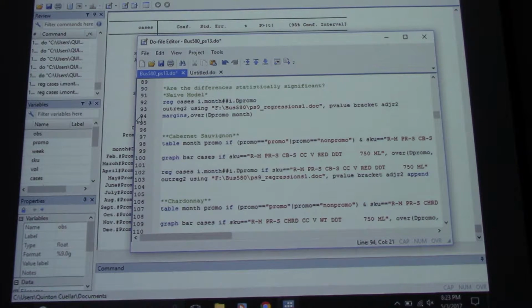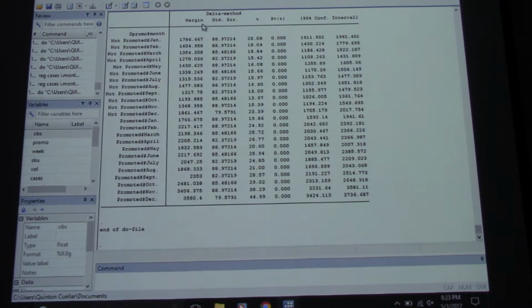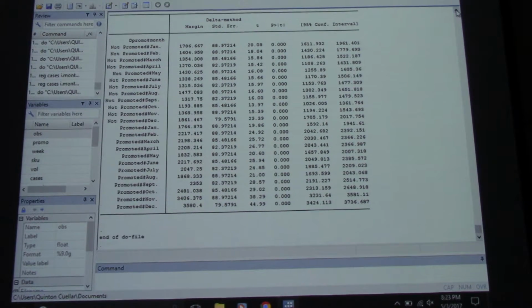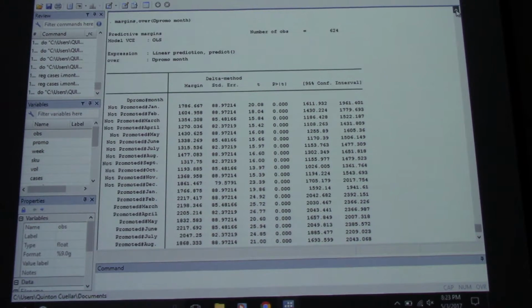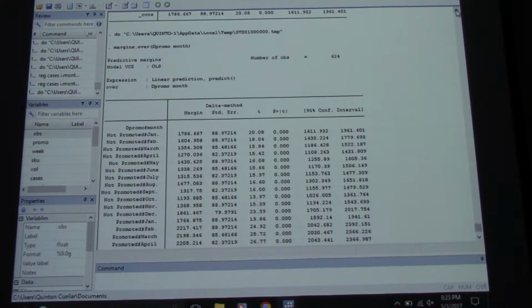Is that right? Let's see if that works. Yeah, that works. Yeah, there it is.